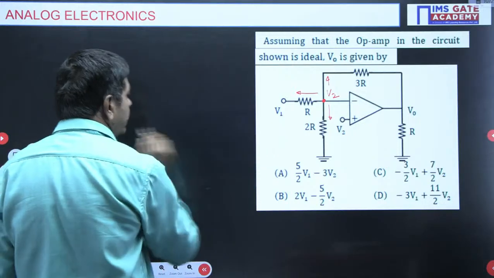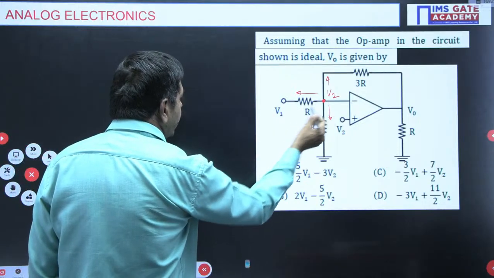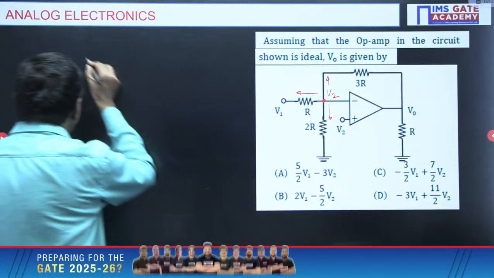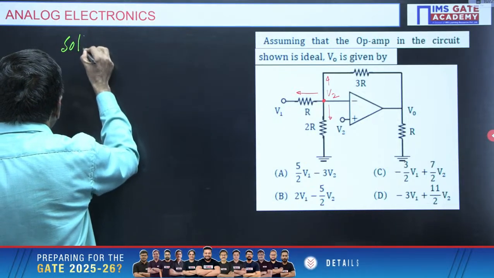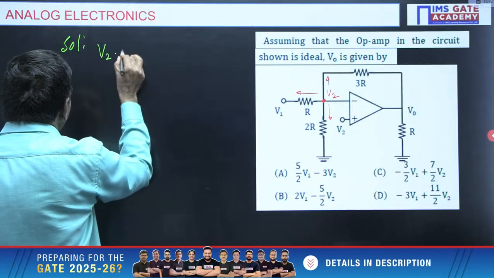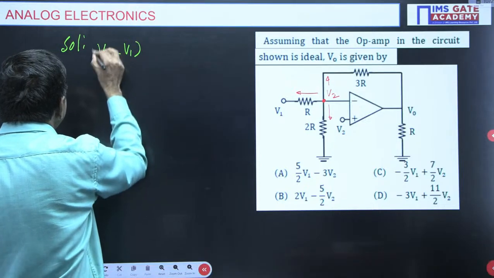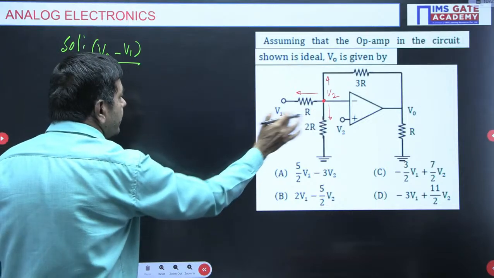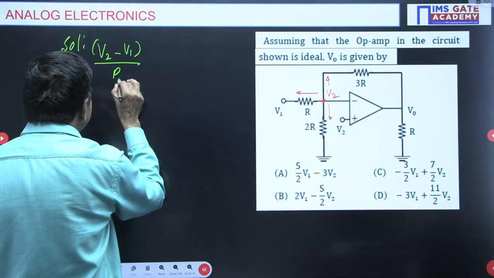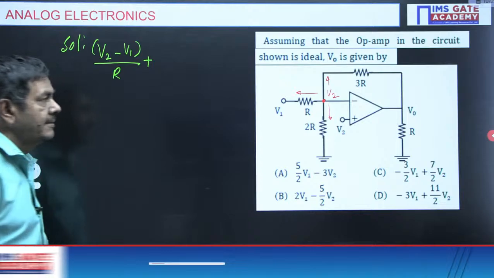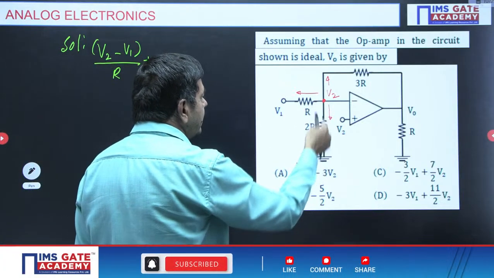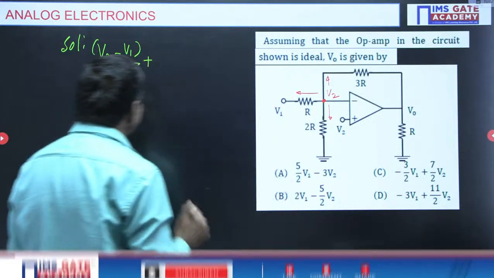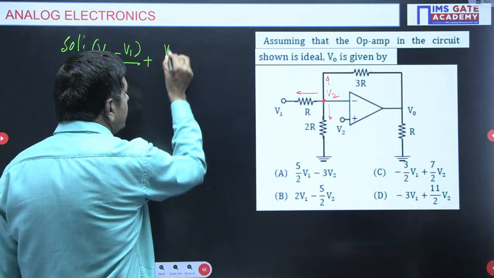I say here (V2 minus V1) by R, this current, plus (V2 minus V1) by R here. What about this current? V2 by 2R, I can write.